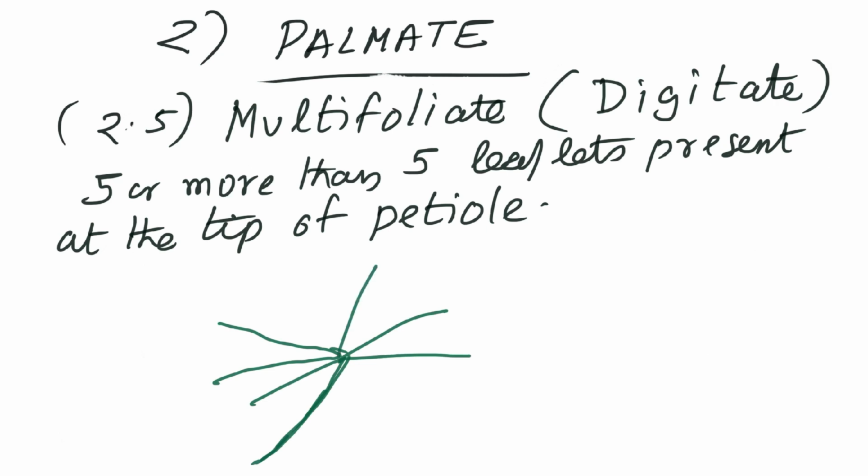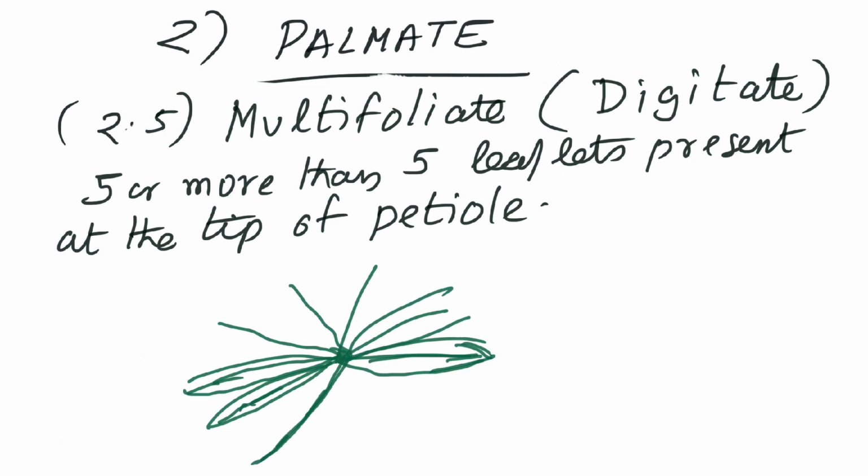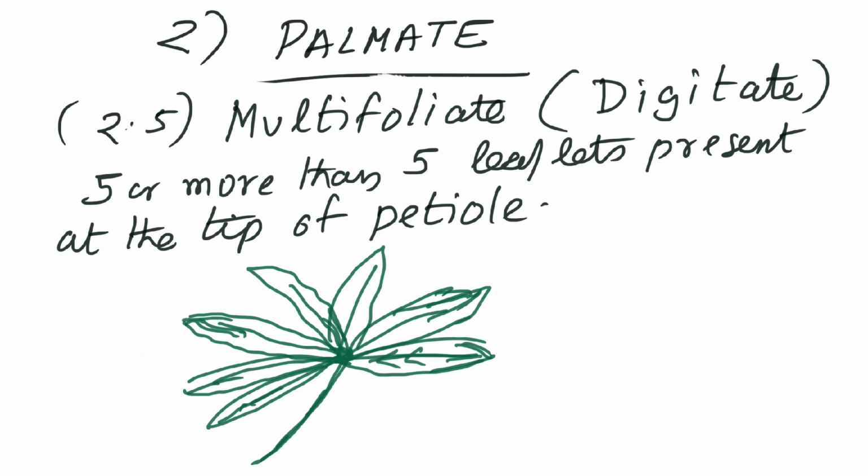Here we have the diagram coming up. You have the petiole, the tip of the petiole, and the development of the leaflets. Note the point, a petiole generally denotes a leaf. Naturally, that means the leaf-like developments are not actual leaves, they are leaflets. And you can see that here we have 7 leaflets developing from the tip of the petiole.